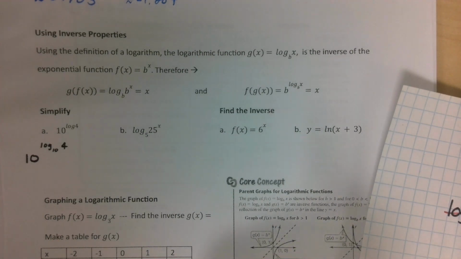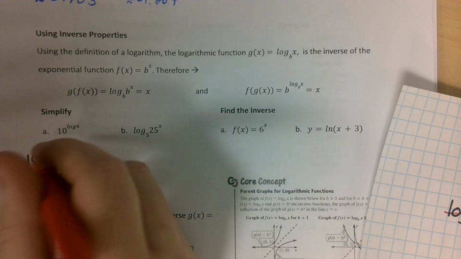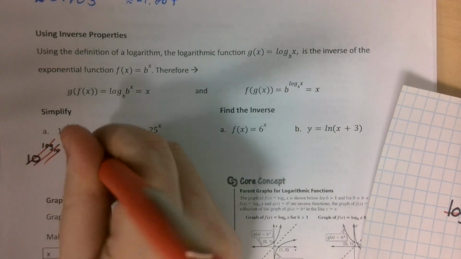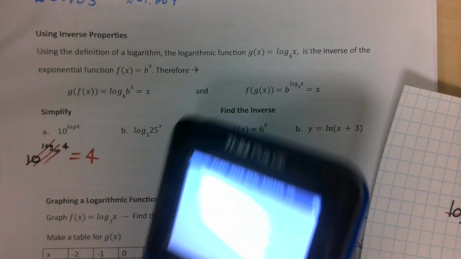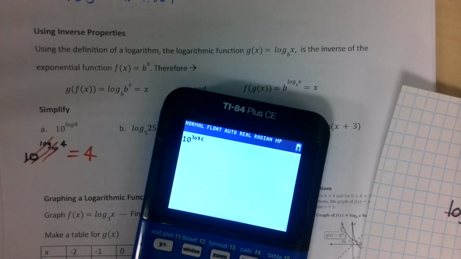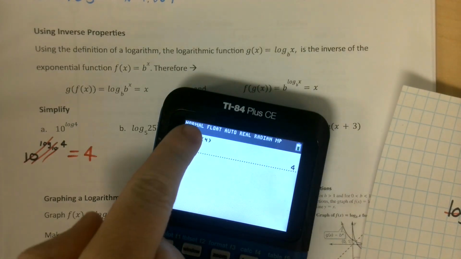They're opposites. 10 to the power of log base 10 cancel out. And what are we left with? Just 4. Don't believe me? Let's see. 10 to the power of log of 4 is just 4. They cancel out. The 10 and the log get rid of each other.